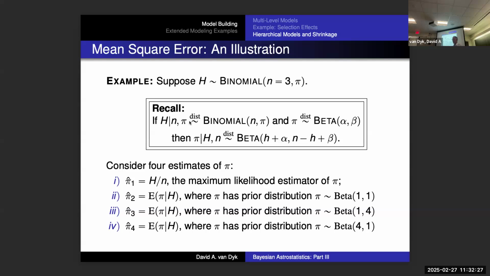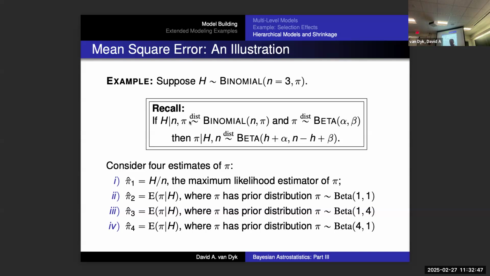And one way I might estimate the probability of success, that pi, is by the posterior mean. If I use different prior distributions, I'll get different posterior distributions, and they'll each have their own mean. There's also the MLE.